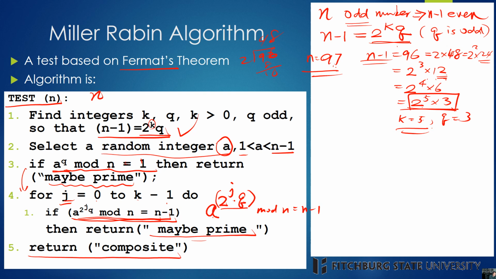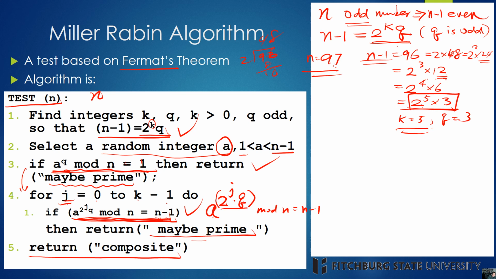If this is not true for any j, then we claim that n is not a prime. But if one of these conditions is true, then we cannot say n is a prime, but we can say n is probably a prime. We still cannot exclude that n is a prime.